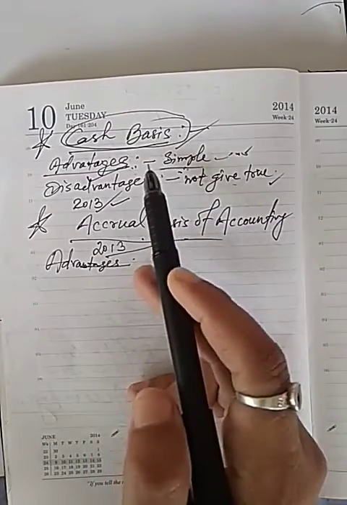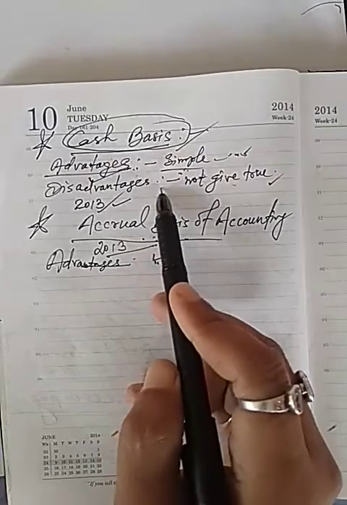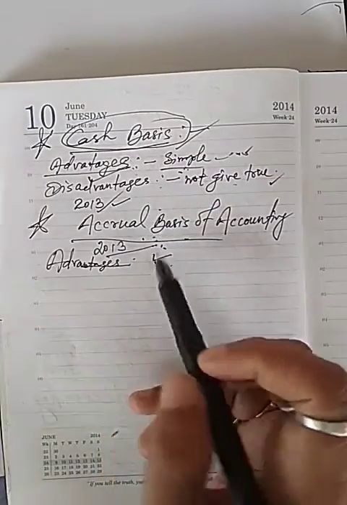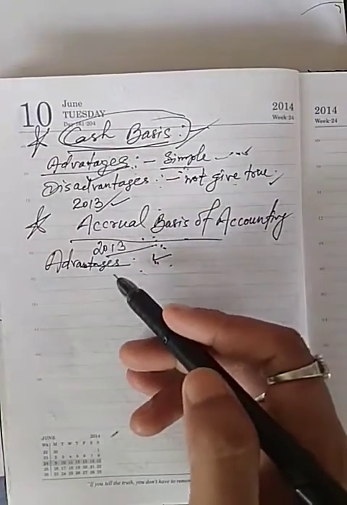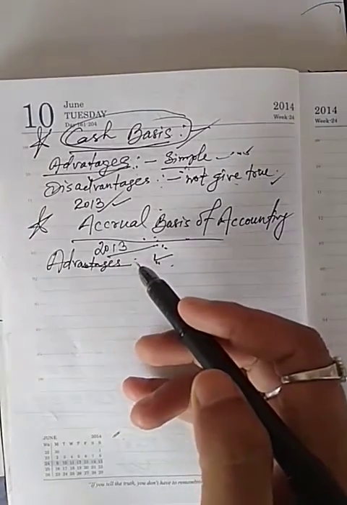Cash basis accounting does not follow the matching principle, but this follows it.